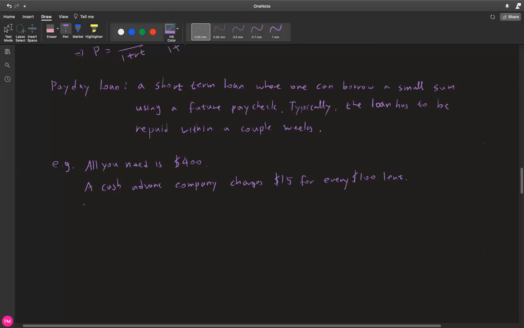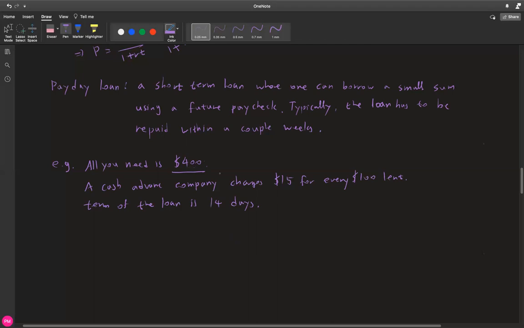And here the term is 14 days. And say that you actually want to borrow all $400 from this company. Then how much do you actually owe?